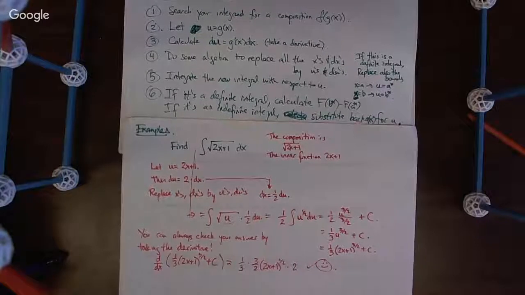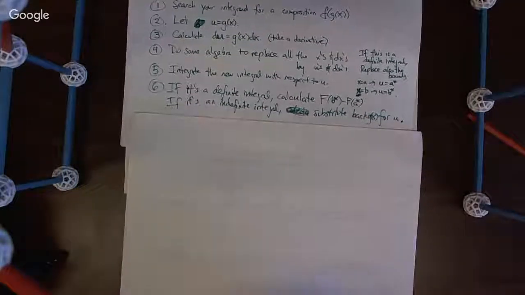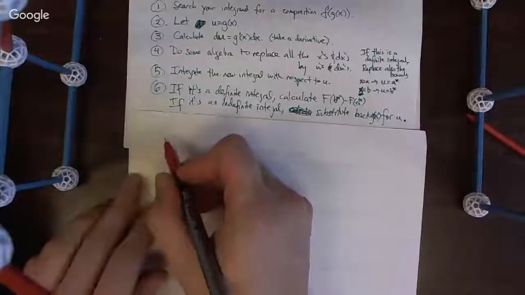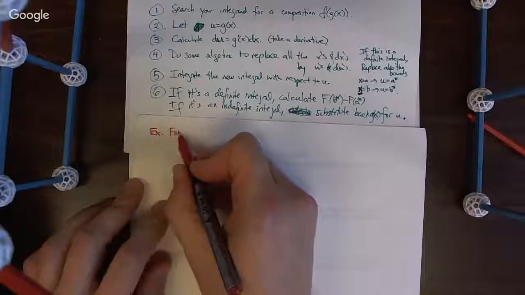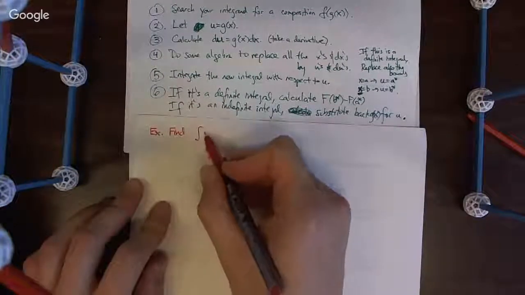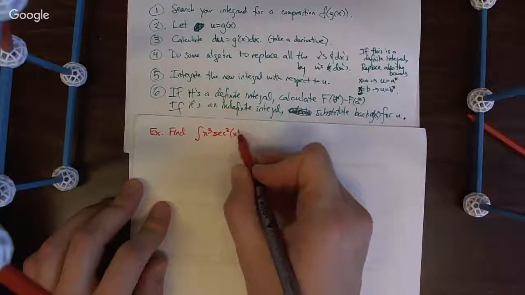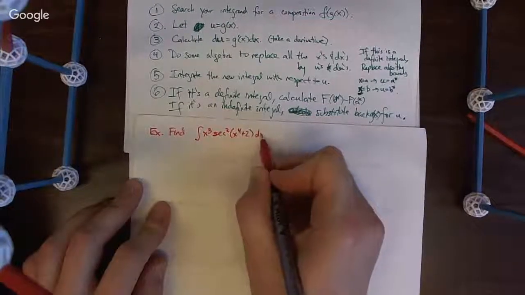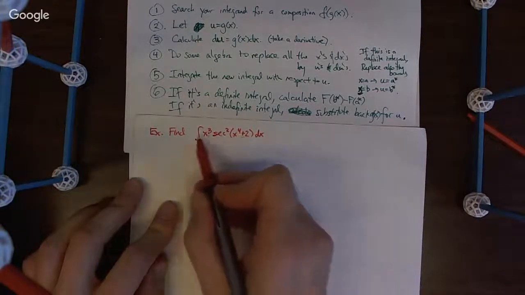Okay, let's do another example. Find the integral of x cubed times secant squared of x to the 4th plus 2 dx. Now it's a little bit more complicated.